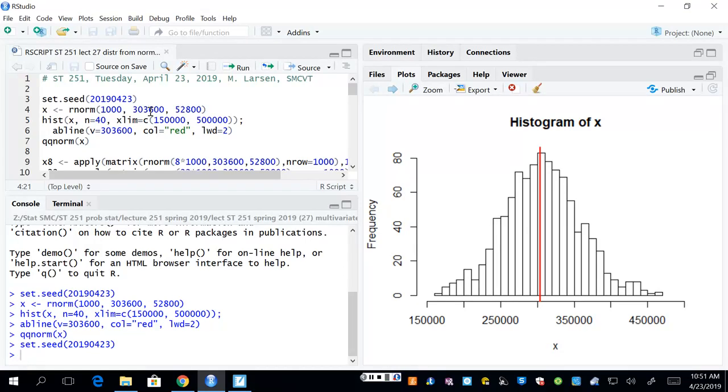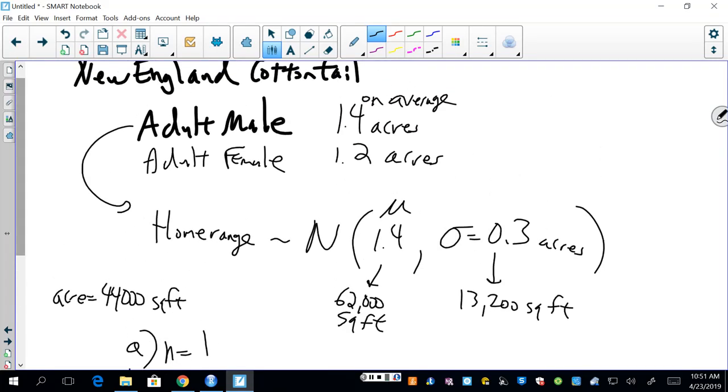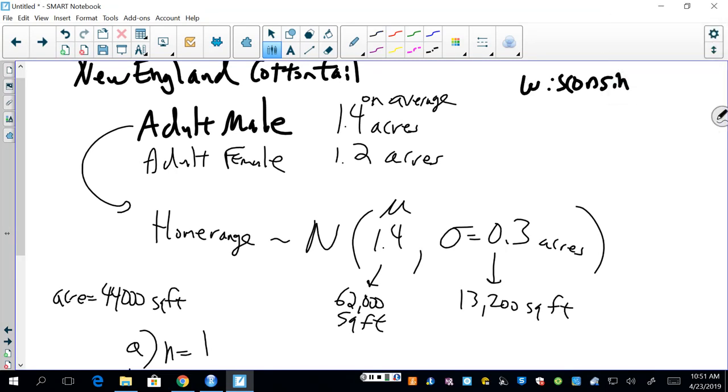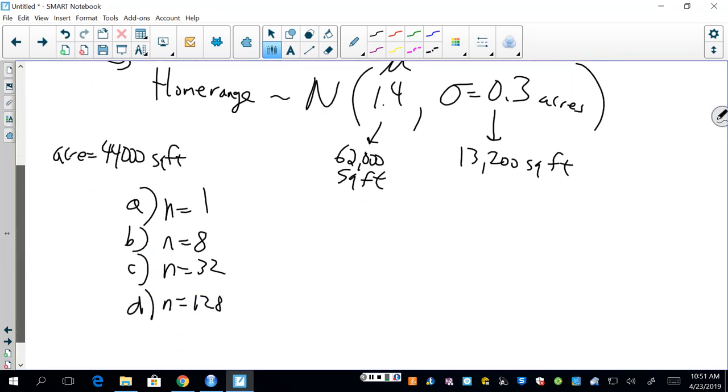Okay, what I did is I used the Wisconsin numbers. In Wisconsin it was more like 6.9 acres on average in the study. So I simulated that one. So we're going to do this differently.